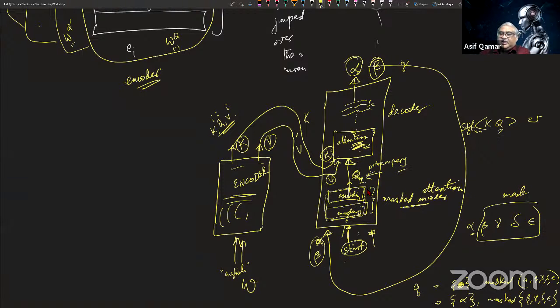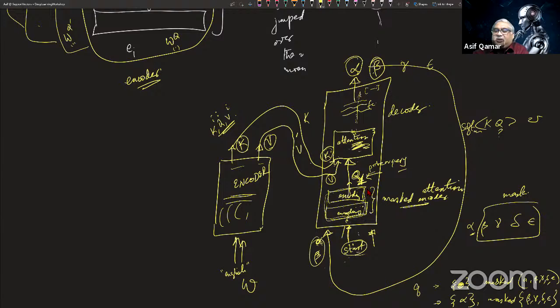In the beginning, the input was just one start token. Then it is start and alpha. Then start alpha beta. Then start alpha beta gamma. As you keep feeding all of that through this layer, you keep producing different query vectors. Eventually, let's say epsilon is the last word. Once you feed this entire sequence, the decoder will start pointing to the end of sentence.